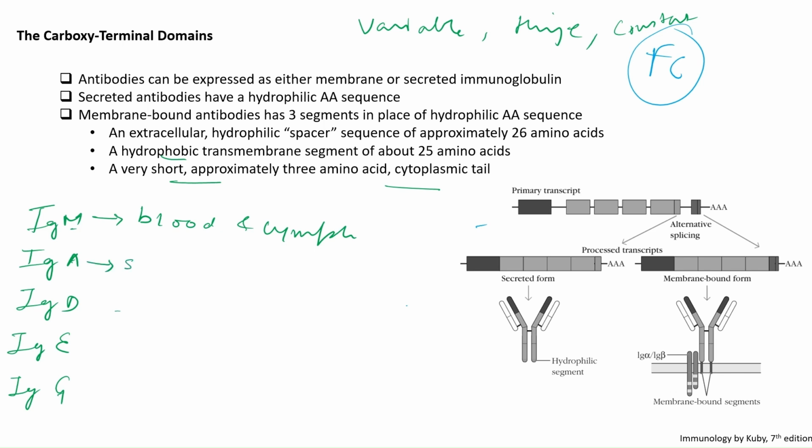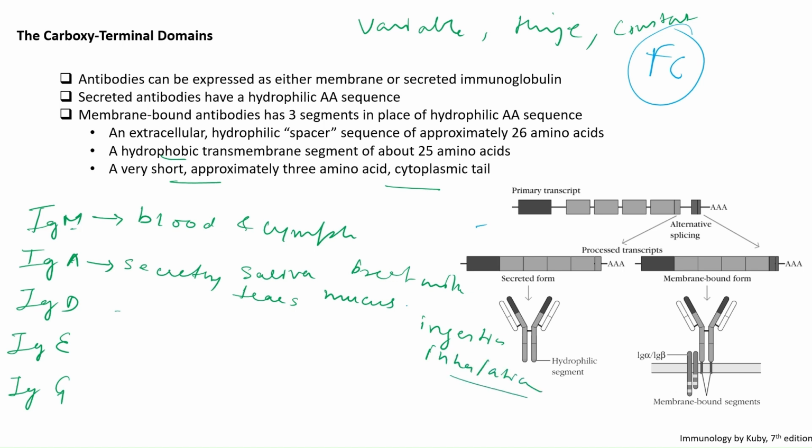IgA is called the secretory antibody. It is present in all our secretions, that is saliva, tears, mucus, breast milk. So it provides protection from infection that enters either through ingestion or inhalation. The antigen that enters our body through ingestion or inhalation, IgA will take care of it.